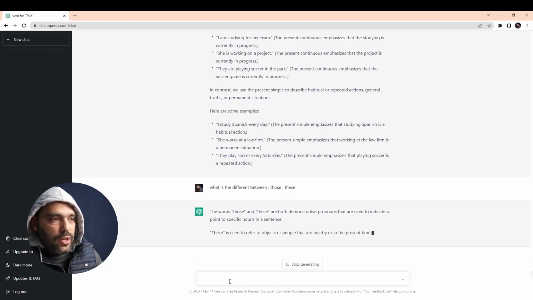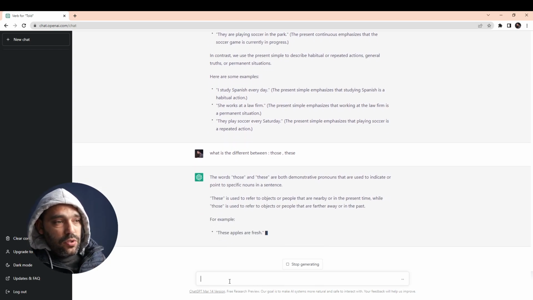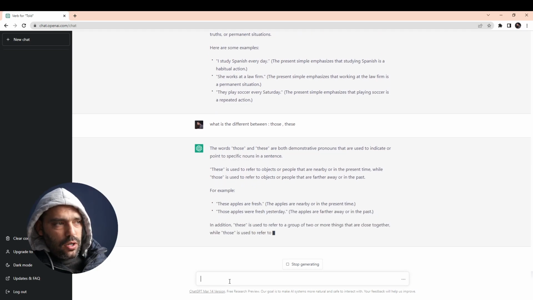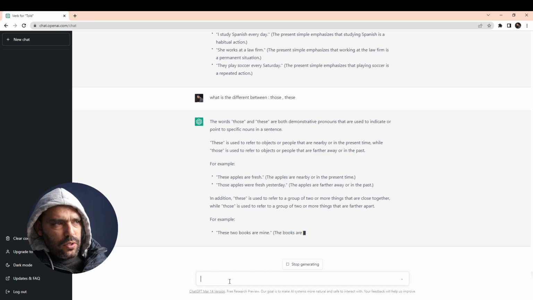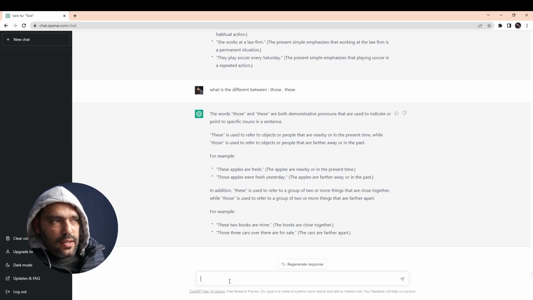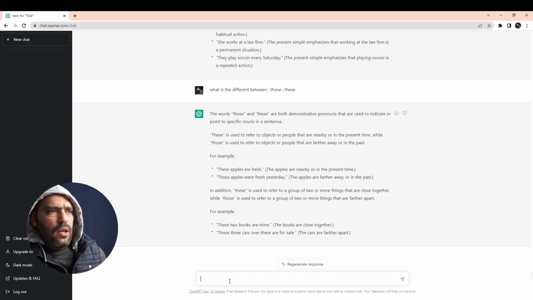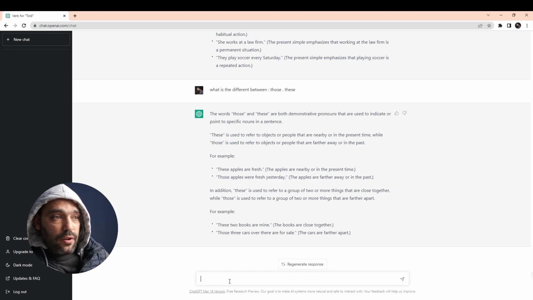The words those and these are both demonstrative pronouns that are used to indicate or point to a specific noun in a sentence. These is used to refer to objects or people that are nearby or in the present time, while those is used to refer to objects or people that are further away or in the past.